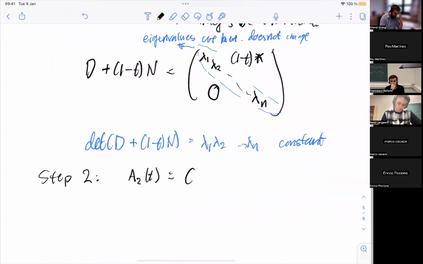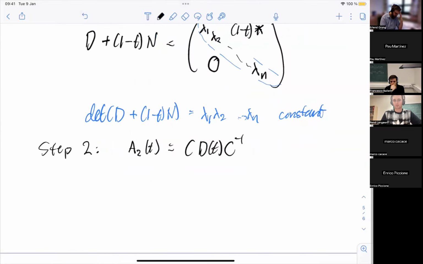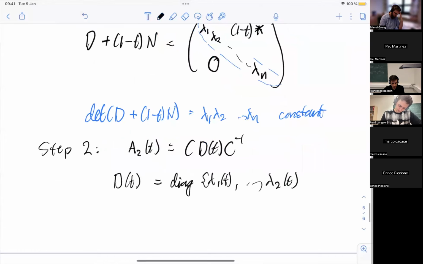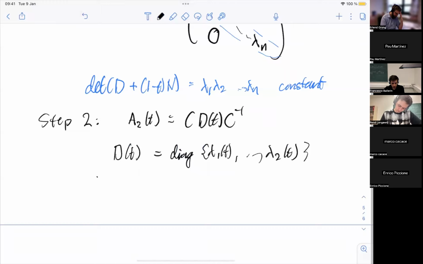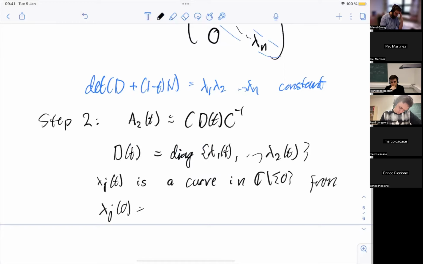So next part, I can define C D of t C inverse, where D of t is the diagonal of, see, I told you it will be useful, of these curves here, where lambda j of t is a curve in C minus 0 from lambda j 0, which was the original lambda j, to lambda j 1, which is just 1.